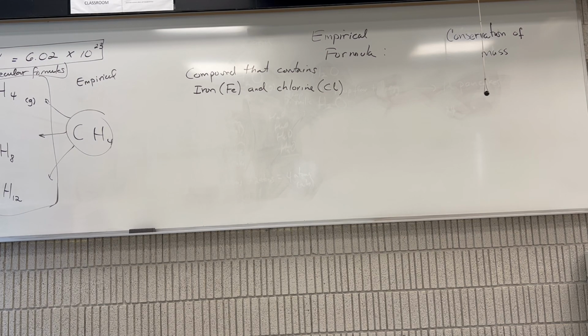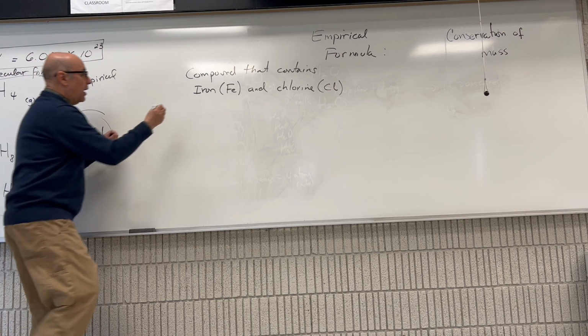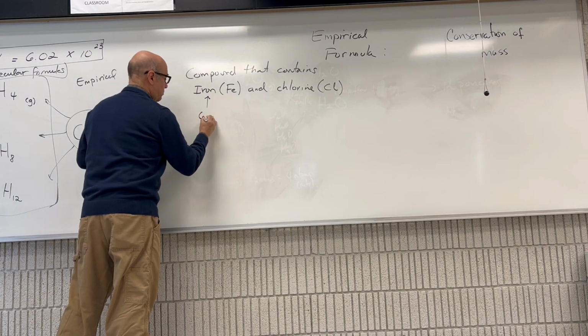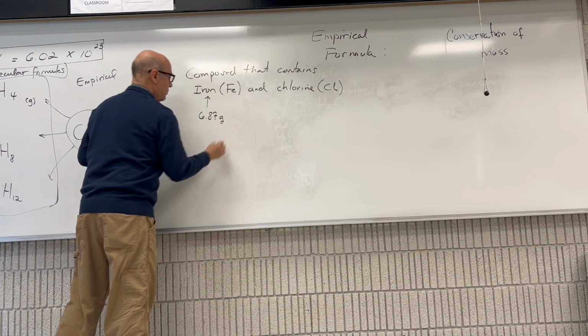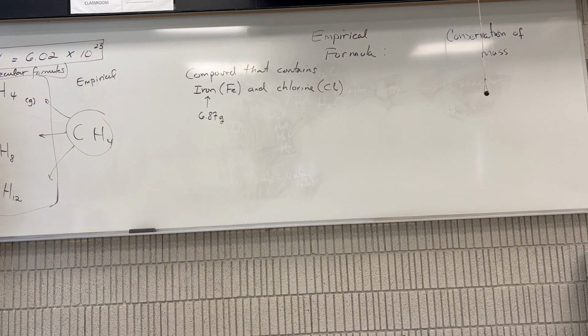Later in the problem, we are told that the amount in that compound of iron is 6.87 grams. So there are 6.87 grams of iron in that compound. How did we get that?